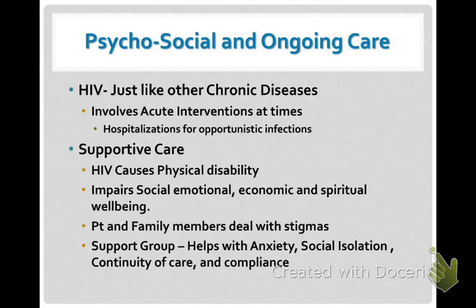They really need to be in a support group. Not only does it help with anxiety, but it helps with social isolation, continuity of care, and compliance. So supportive care is huge with these people. So just keep that in mind, that they are dealing with a lot of different things going on that we have to be sensitive of.